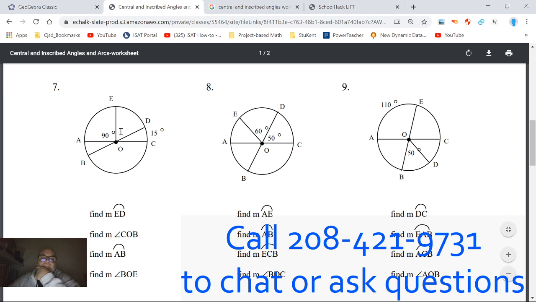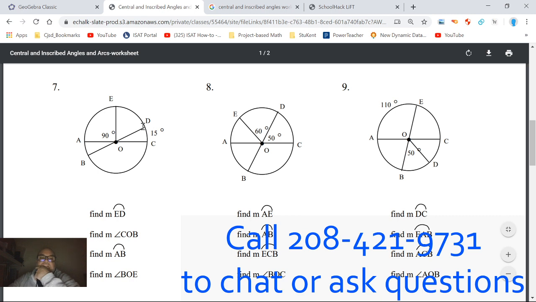So the measure of the central angle of arc AOC altogether is 180 degrees. On either side, this side here is 180, and that side there is 180, because it's dividing it in half. 90 of it is here, so this part over here has to also be 90.